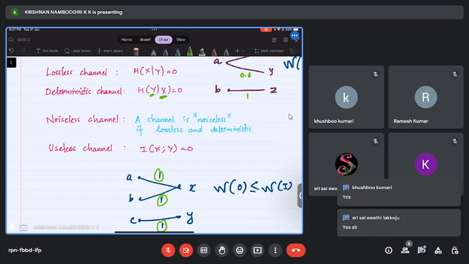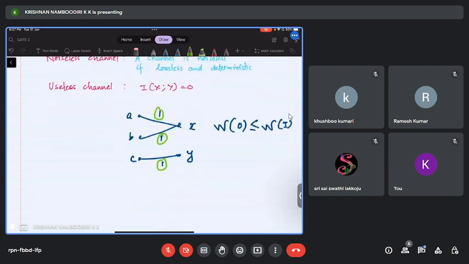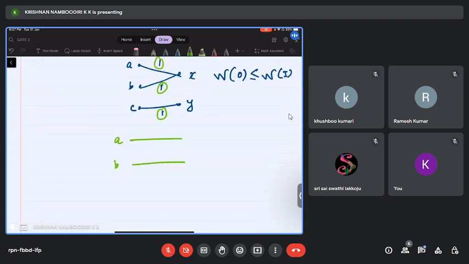Yeah, great. And a noiseless channel means a channel is noiseless if it is lossless and deterministic. What does that mean? Then there is only one possibility. This is that possibility. Say I have three inputs A, B, C, and outputs X, Y, Z, with probabilities 1, 1, 1.